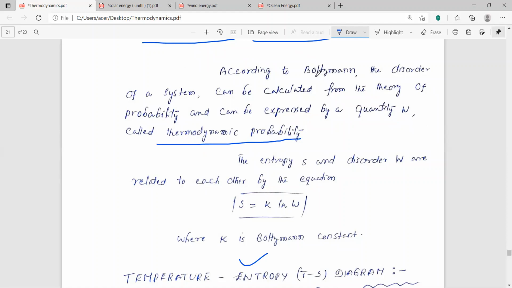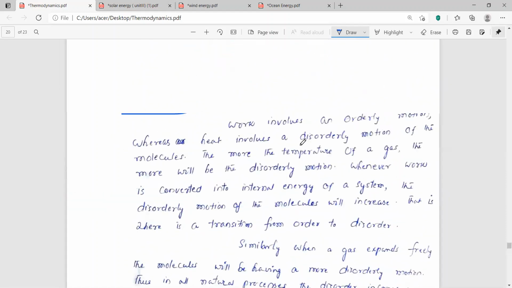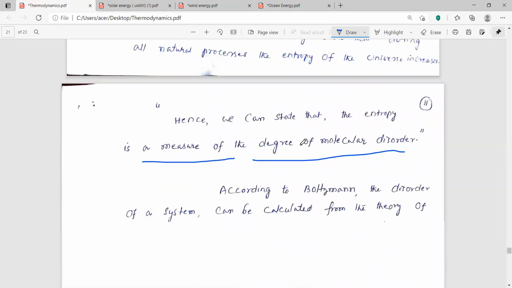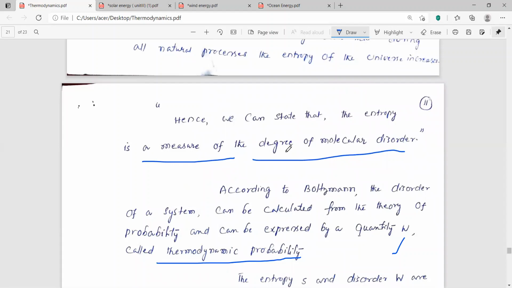So Boltzmann explained entropy and disorder with the theory of probability, with the equation S equals k log W, where S is the entropy. So entropy is a measure of the degree of molecular disorder.